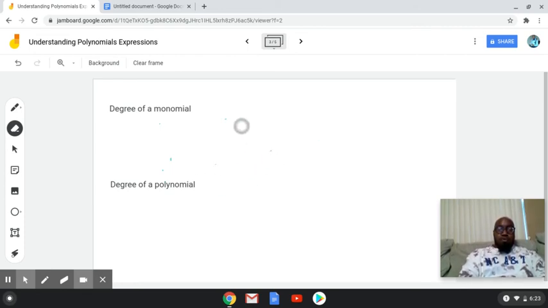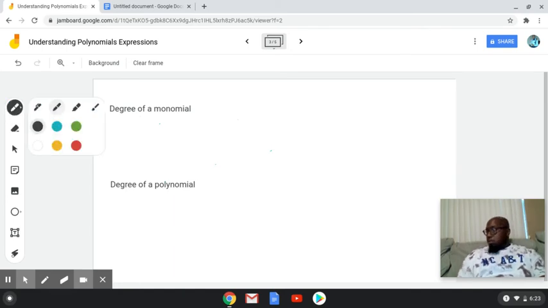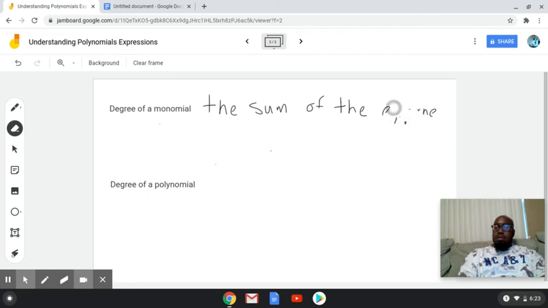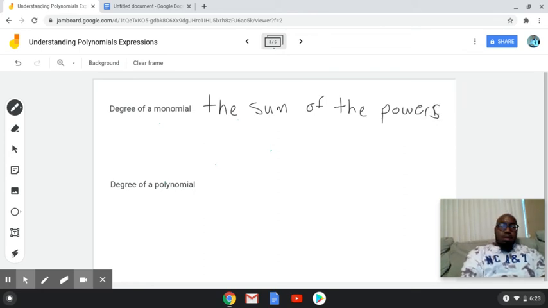But what you want to write down in your book is: the degree of a monomial is the sum of the exponents of the variables, or powers of the variables.